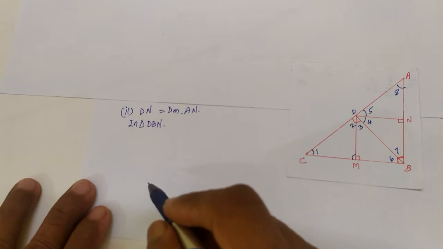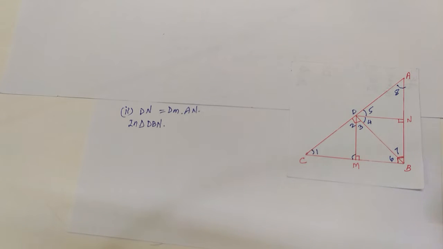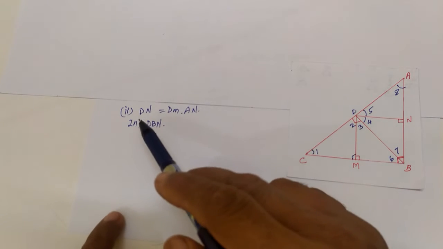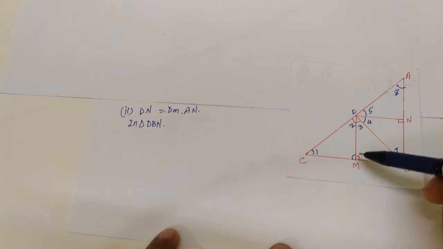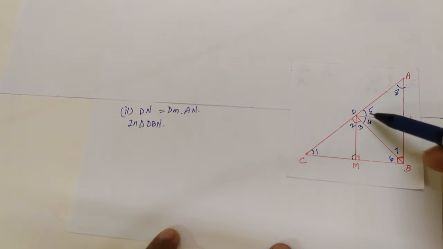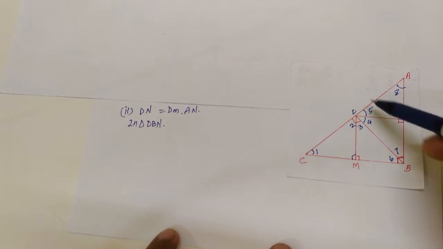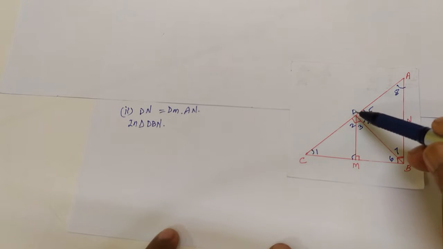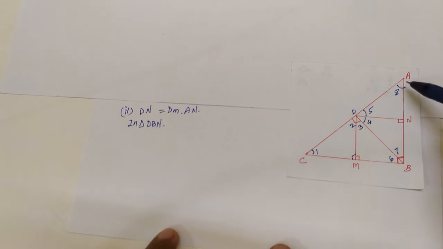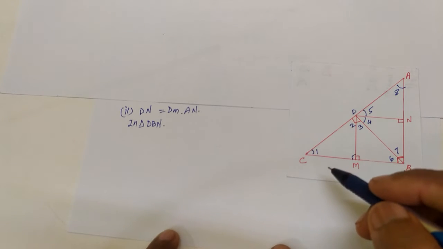In triangle DBN, we want DN, this is DN. We want DM, this is DM, and we want AN on this side. So we have to take these triangles DBN and DNA and prove it.